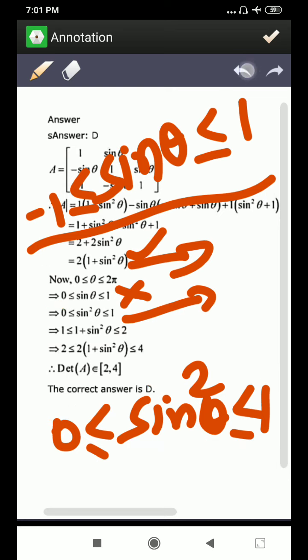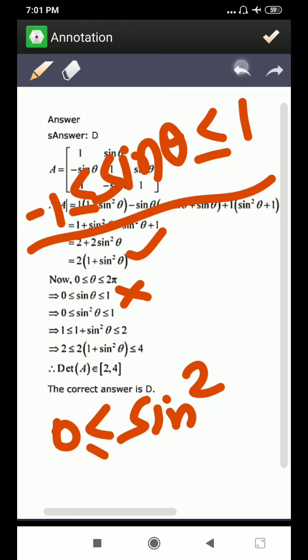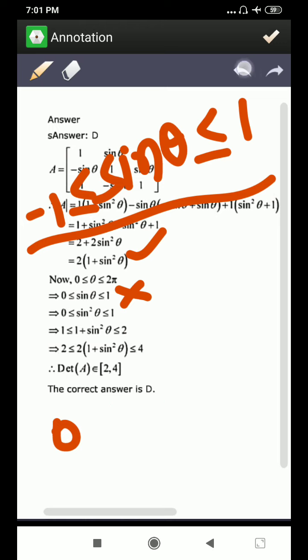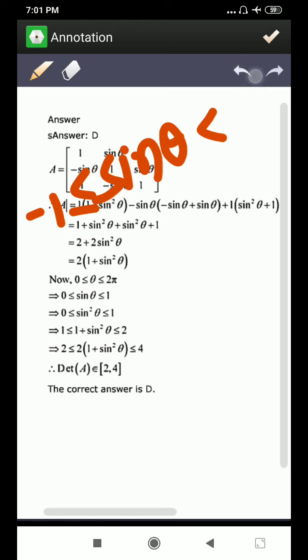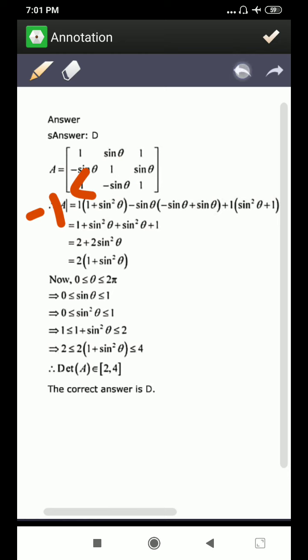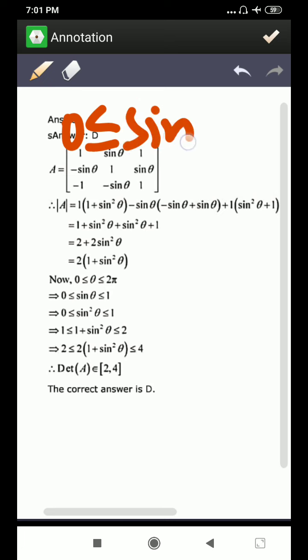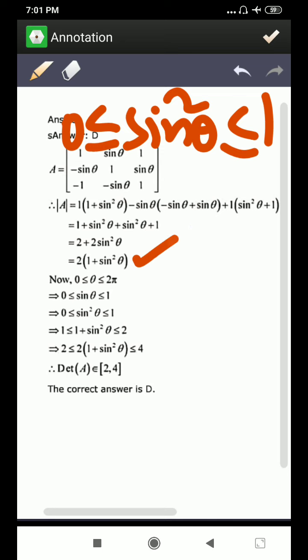We obtained one condition that sine square theta lies between 0 and 1, because sine theta always lies between minus 1 and plus 1. So we write 0 is less than or equal to sine square theta is less than or equal to 1. Actually, the value of the determinant is this much, so we will try to find what the value of this thing will be.